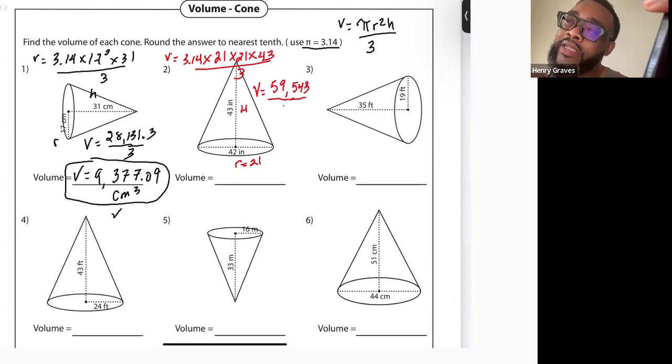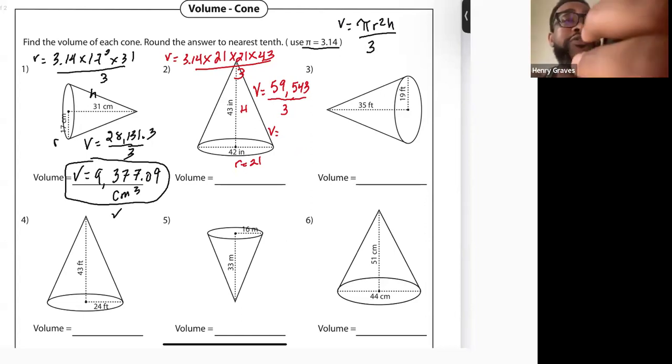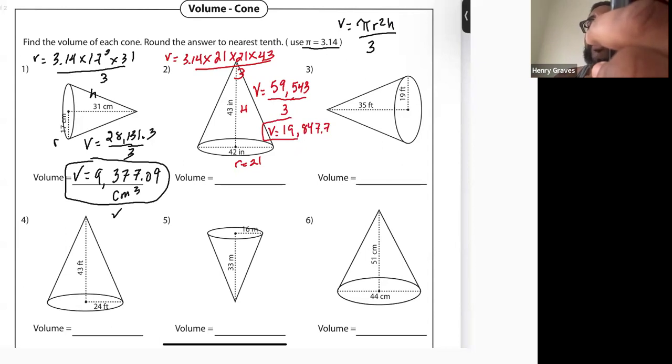As a kid, I had to do these by hand, but you guys are now living in the age of technology. 59,543 divided by 3 gives me 19,847.7. So my volume was 19,847.7 inches cubed.